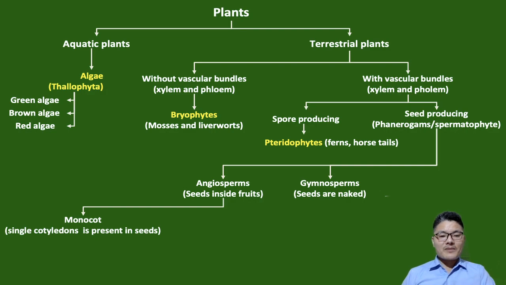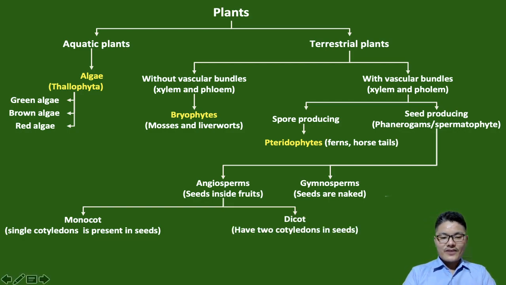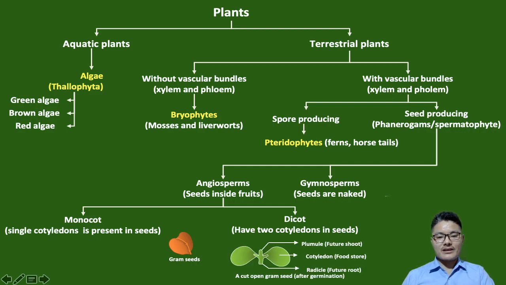Now, angiosperms can be categorized into monocot plants or dicot plants. Monocot plants have only a single cotyledon, and on the other hand, dicot plants have two cotyledons in their seeds. For example, if we sow gram seeds and allow them to germinate, then after germination, if we cut open the gram seeds, you are able to find two cotyledons.